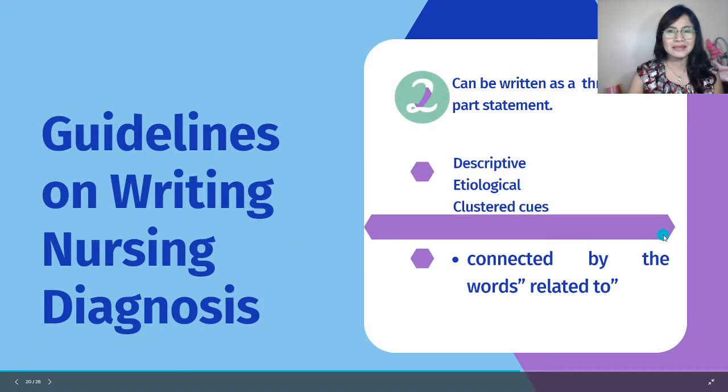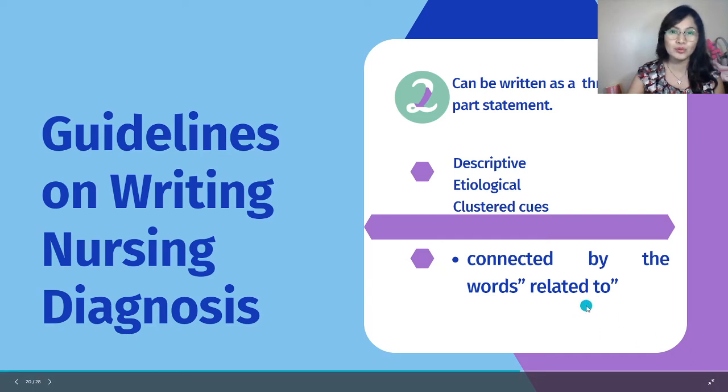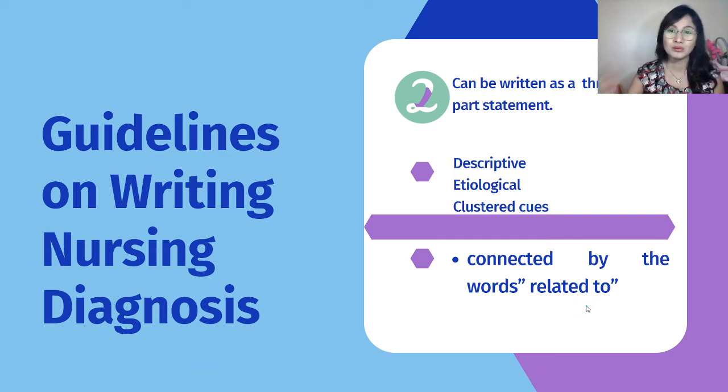So, in writing the nursing diagnosis statement, it can be written as a three-part statement where you are going to connect the descriptive, etiological, and clustered cues. Do not forget to include the words related to in order for you to be able to connect the clustered cues.